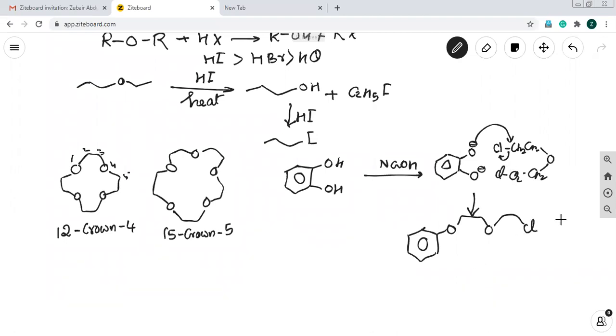Now you have two molecules of this. O minus, again O minus, and a second molecule here. There is a second group, and here also there is a second molecule, which will generate this compound.